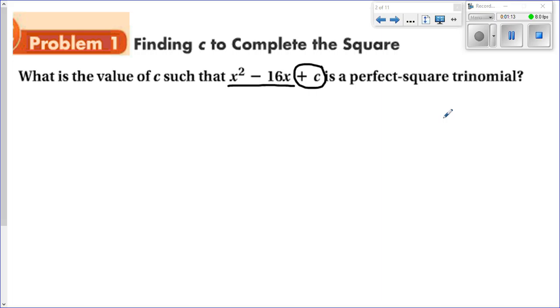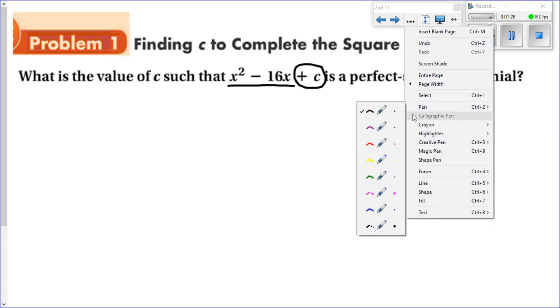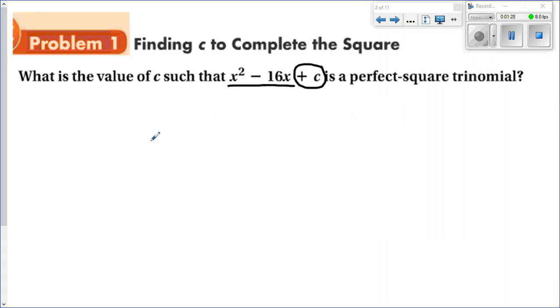Remember, we're going to take b divided by 2, and we're going to square it.